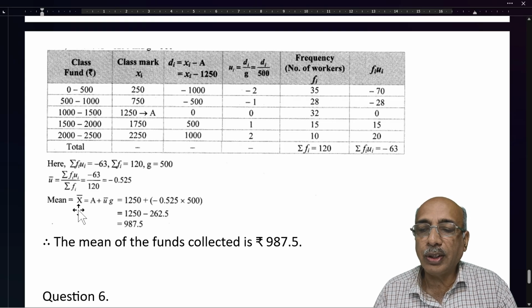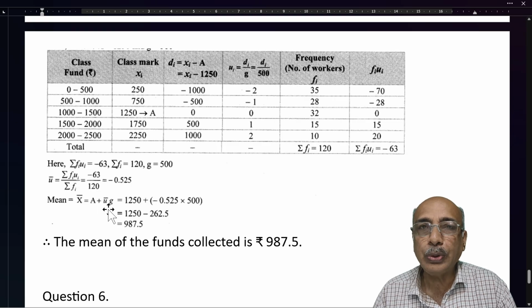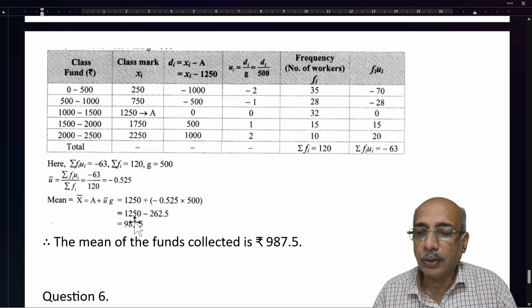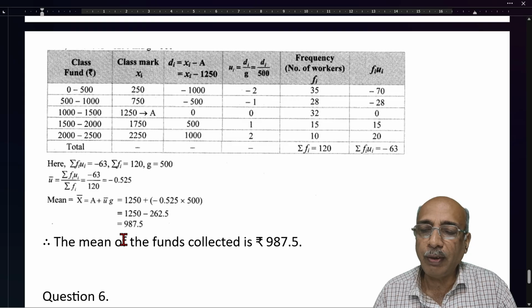So mean, x bar, equals A, the assumed mean, plus u bar into G. So 1250 plus minus 0.525 into 500. If you simplify this, you will get 987.5.